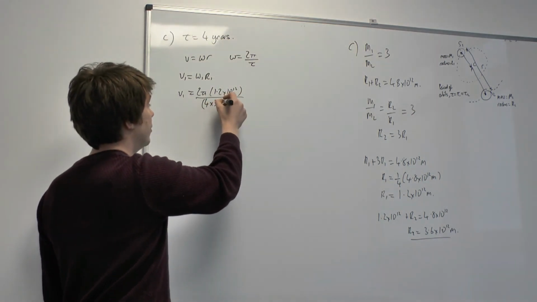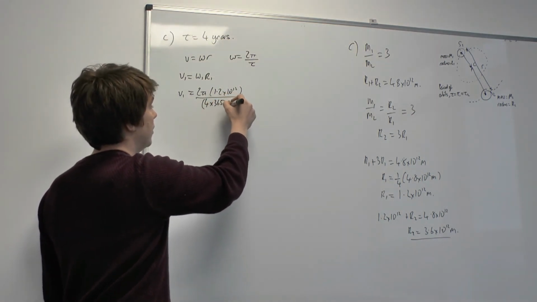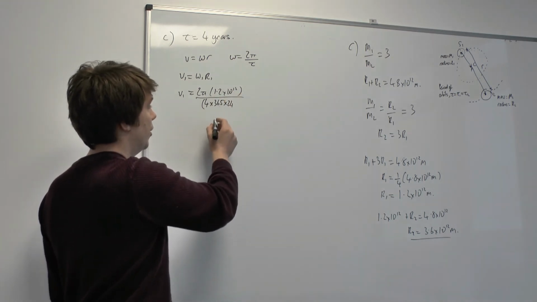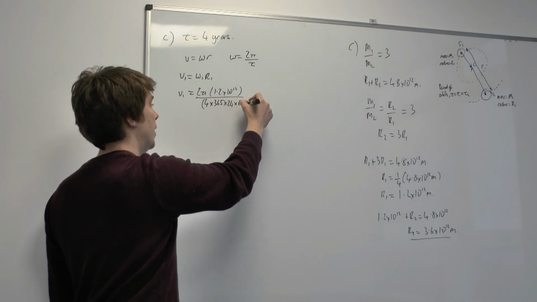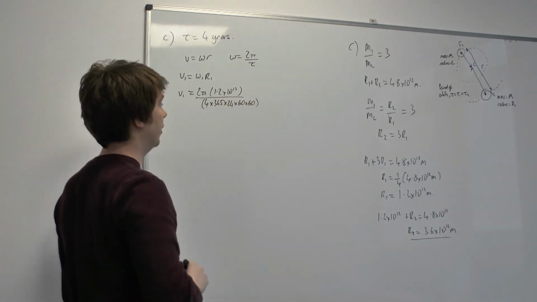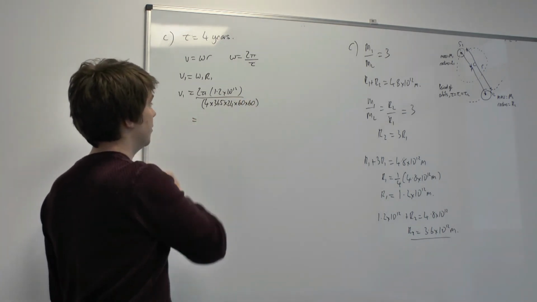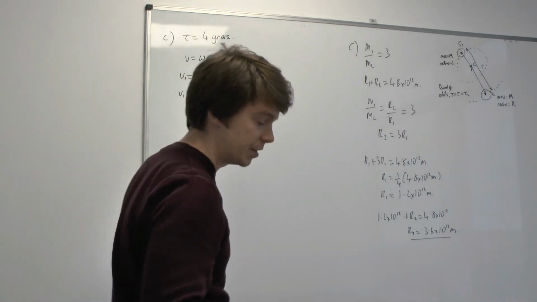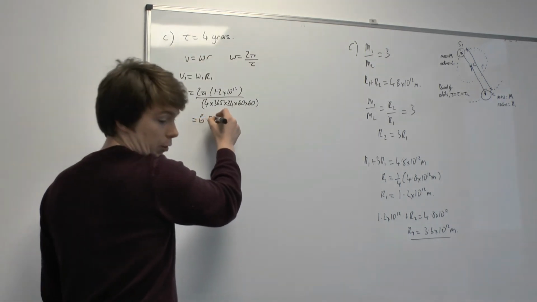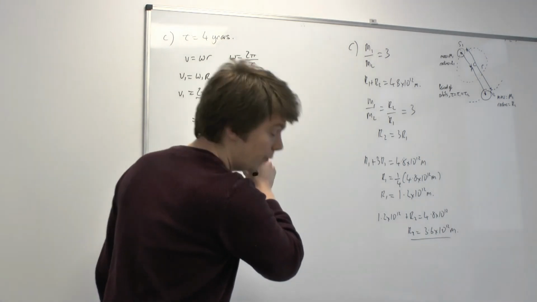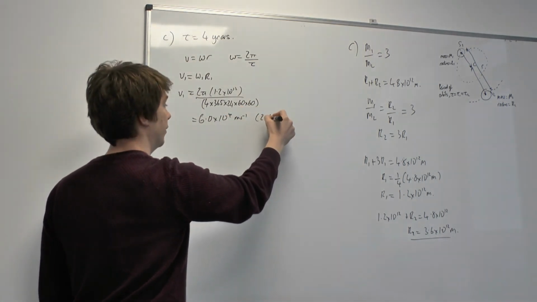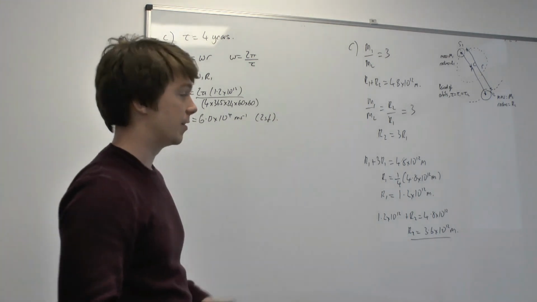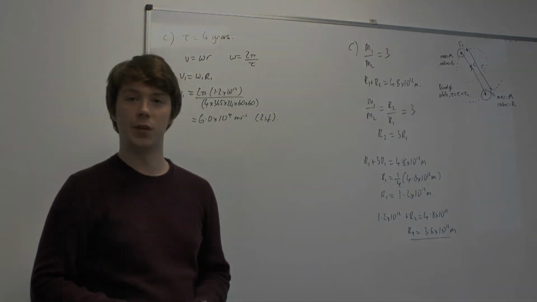So multiply by 365, the days in a year, multiplied by the hours in a day, and then minutes and seconds. So substituting our answer in and putting it into a calculator gives us 6.0 times 10 to the 4 meters per second, to two significant figures. And that's the end of that question.